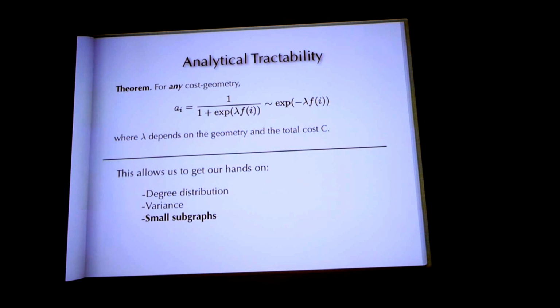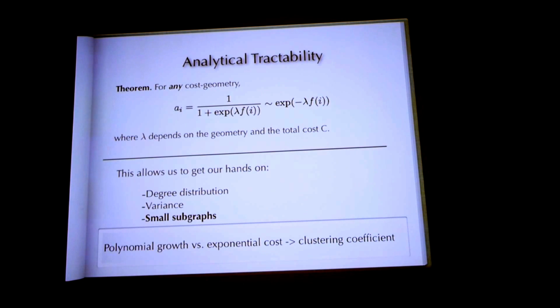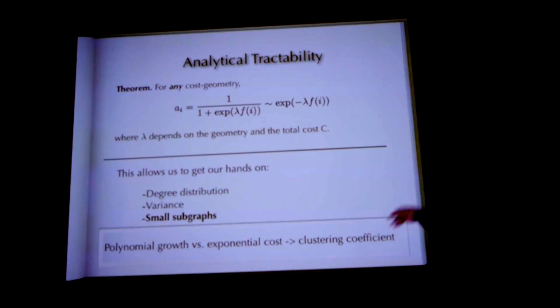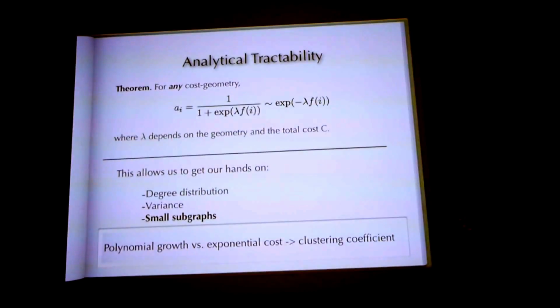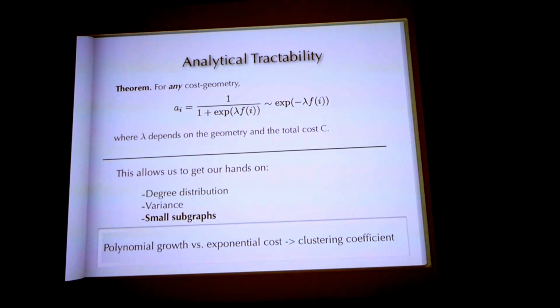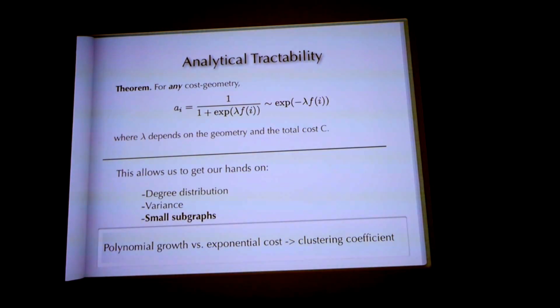So to give you some idea, let me just say 2 things. One thing that we get is that this is a natural model in which you get a clustering coefficient. You get local density without having to ask for it yourself. And the reason is, if you look at triangles, remember that the probability that you will see any specific triangle will end up being exponentially small in its perimeter.